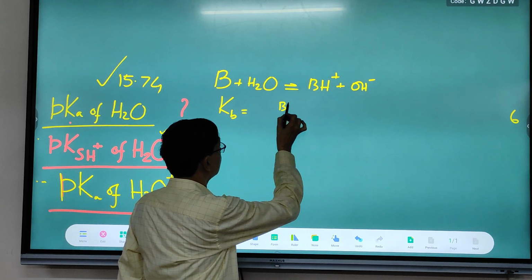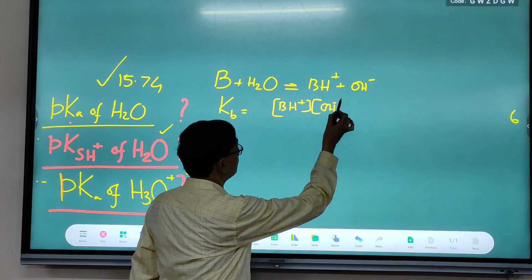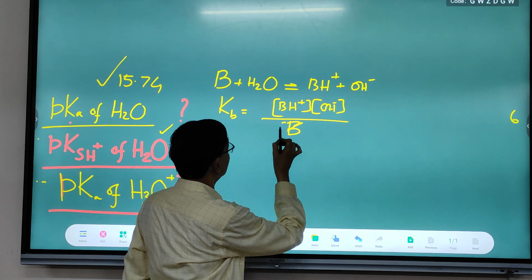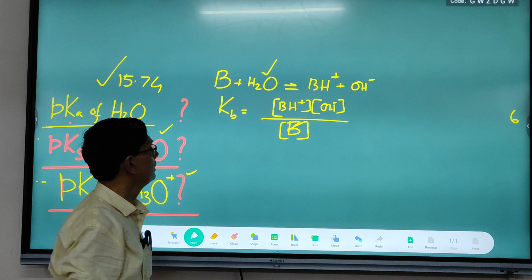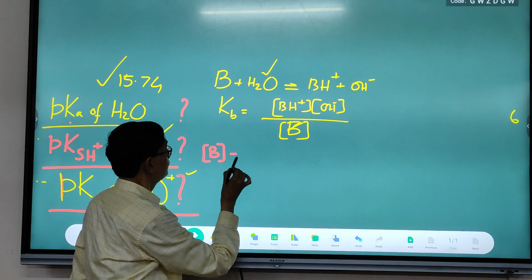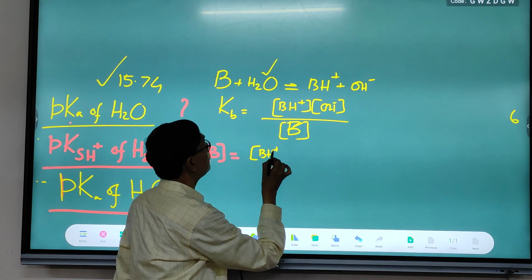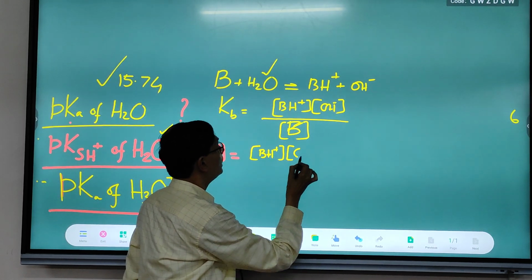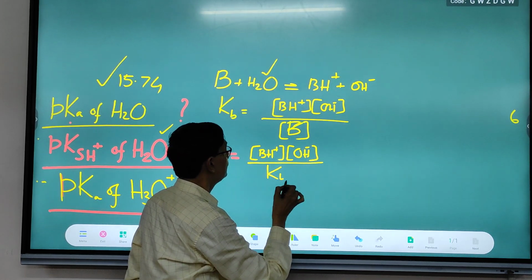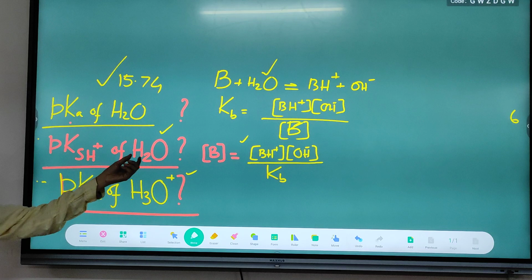So it will be BH+ and OH- divided by B. Now water remains constant, so I can write like that: KB is equal to BH+, my last part, OH-, divided by B. But again, my question is not the determination of KB.